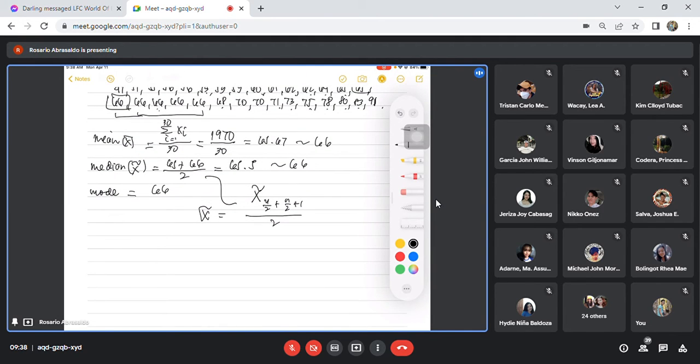So 30 man ta: x sub 30 over 2 plus x sub 30 over 2 plus 1, over 2. So kung even ang data nato, class, x sub 15 plus x sub 15 plus 1.